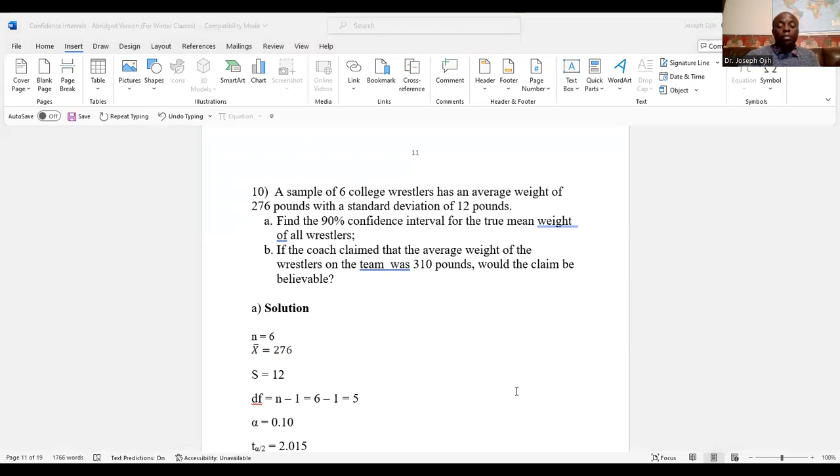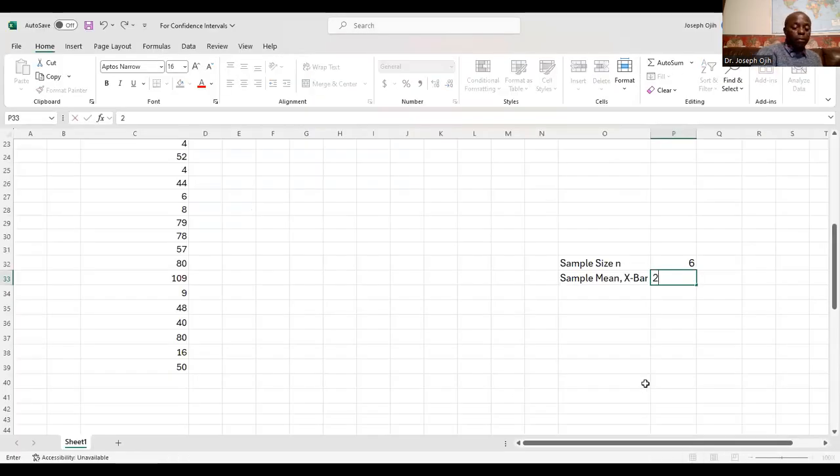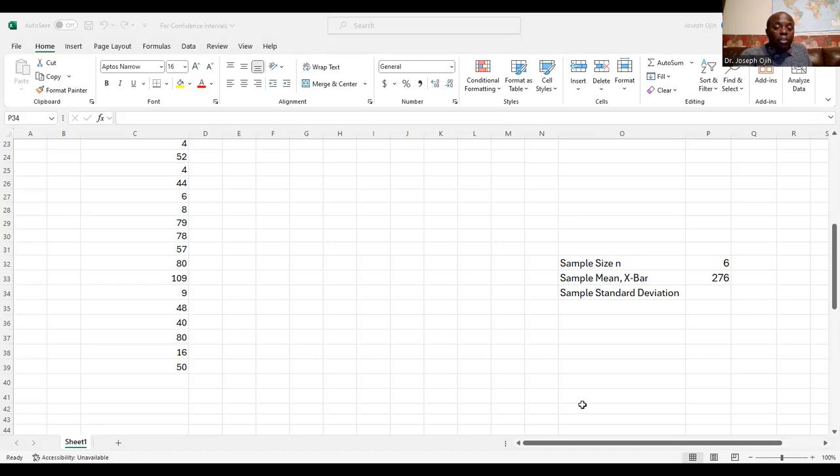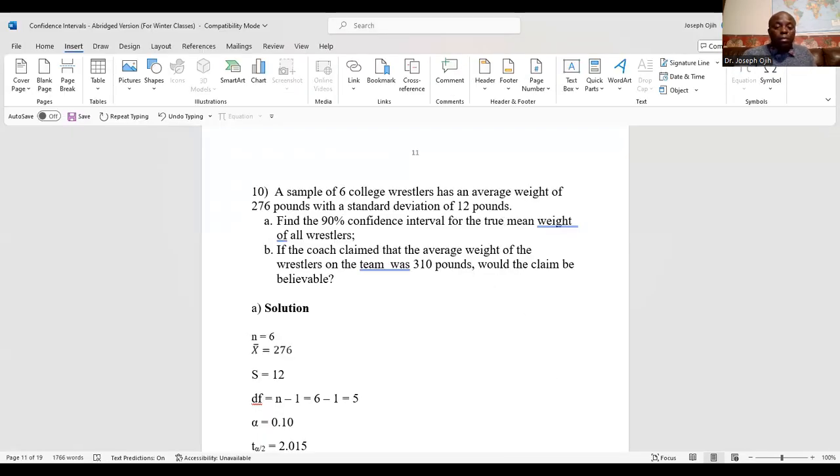Let me look at this from the question. Sample standard deviation is 12 pounds.